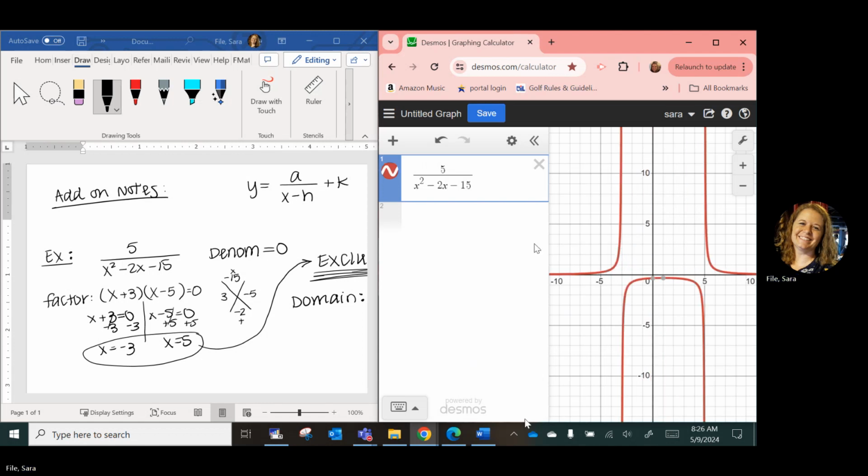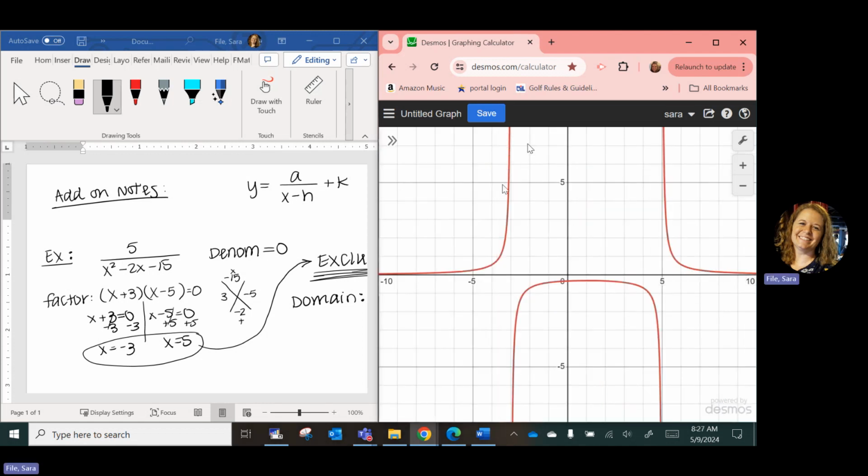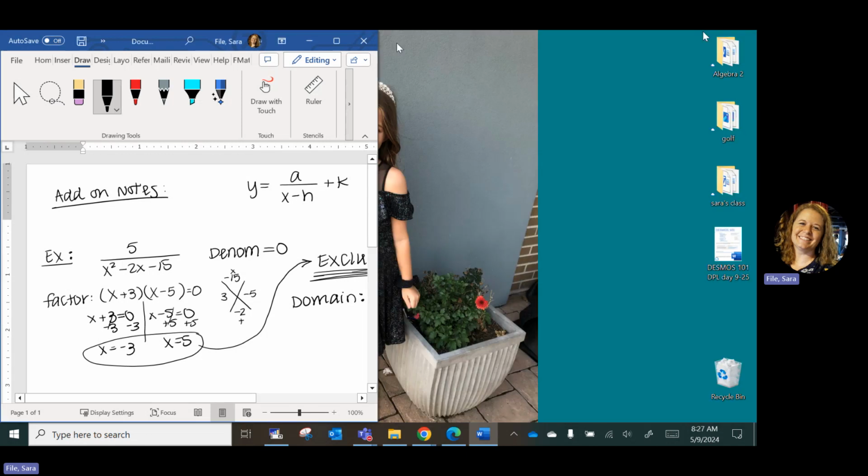You can see how this looks like it's almost going straight up here, and this looks like it's almost going straight down. There's a break right here. There's a vertical asymptote here at -3. And there's one here where that's happening again at 5. Does everybody see it? It doesn't show up as a nice, pretty dashed line for you, but you can visualize where that break is happening, right? So you can use Desmos to help you with those if needed.